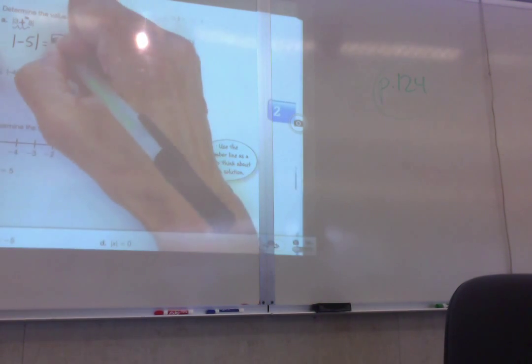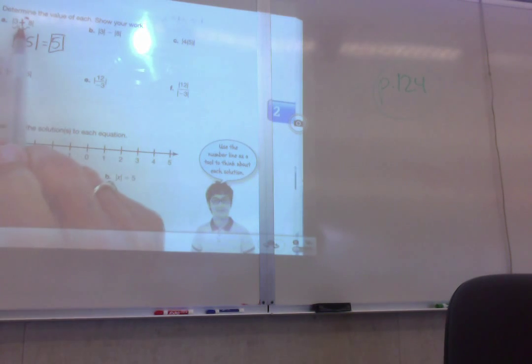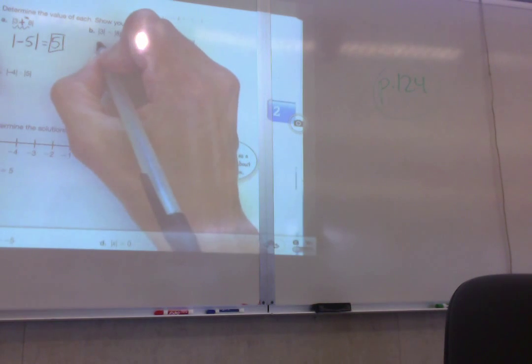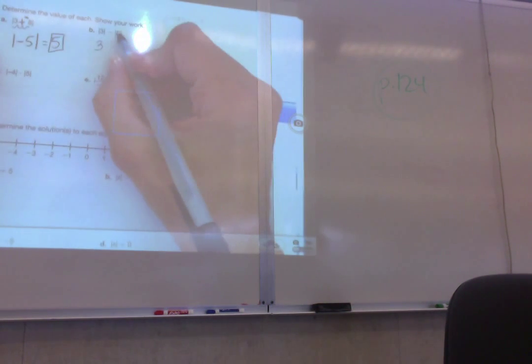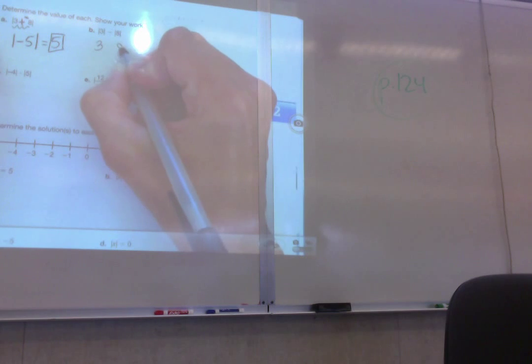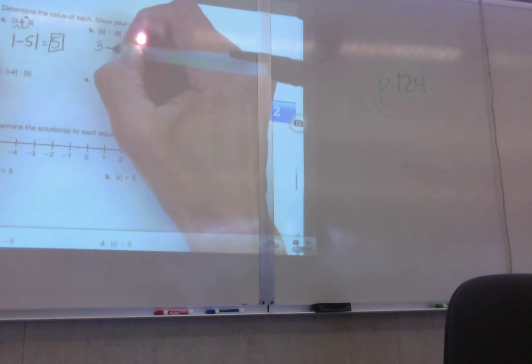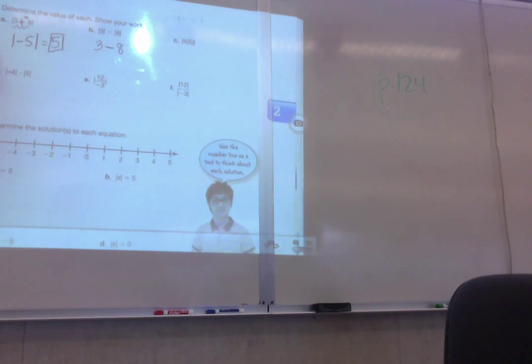Okay, here's my answer. I do not get rid of that subtract or other negatives inside until I get it simplified down to one number. Now here I only have one number, so I can take that 3 out. Here I only have one number, I can take that 8 out. And this subtract, was it inside the absolute value? No. So this looks the same, but it's different because of where the subtract was.